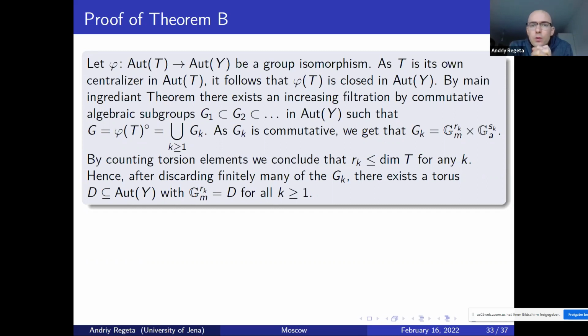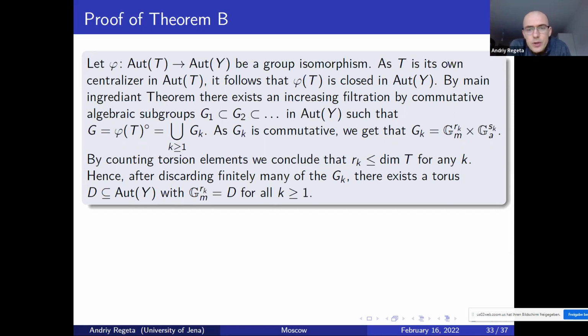So it follows that the image of T is closed in Aut(Y), similarly as in the proof of Theorem A. By the main ingredient theorem, there exists an increasing filtration by commutative algebraic subgroups G_1, G_2, and so on in Aut(Y), such that φ of T_0 is the union of the G_k.